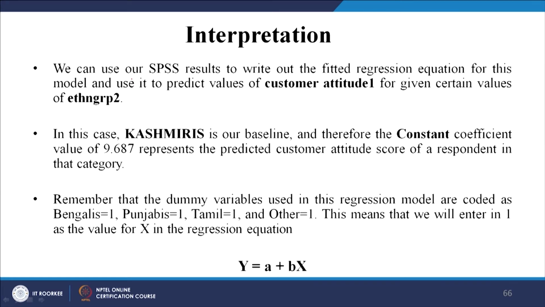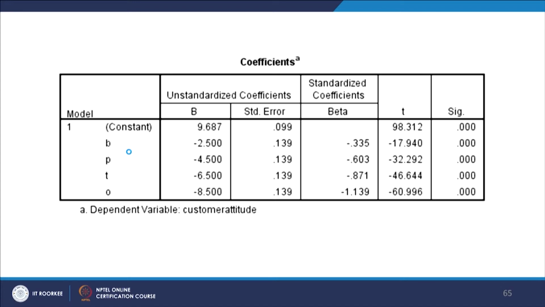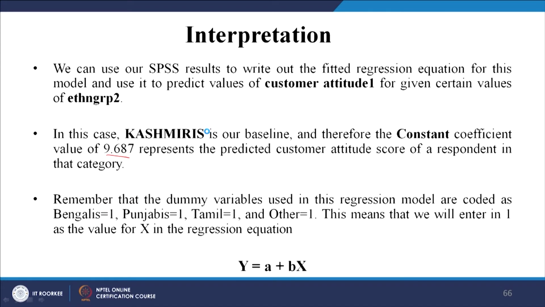Now, in this case Kashmiris is our baseline and therefore, the constant coefficient of 9.687, right, represents the predicted consumer attitude score of a respondent in this category. That means, this is the intercept actually when no x is there, the independent predictors are not there, still it is 9.687.